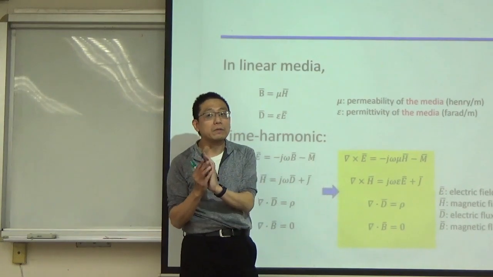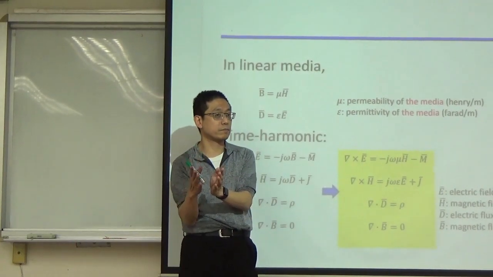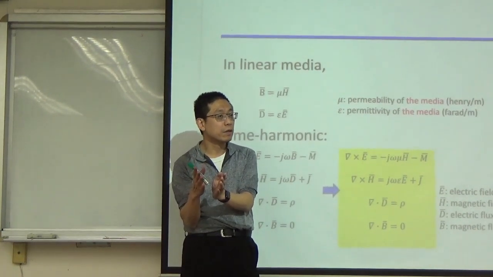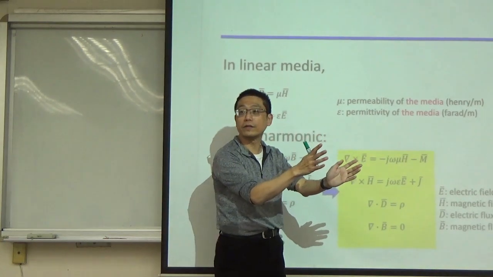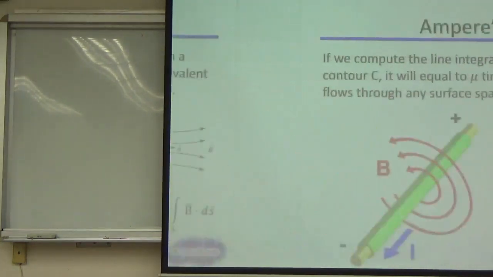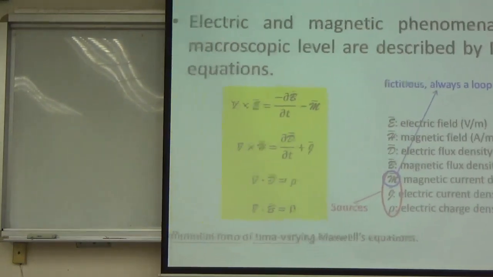They try to explain, if we have a source, an electric source or a magnetic source, what the E field or H field is. I'm talking about the beginning of these four equations.